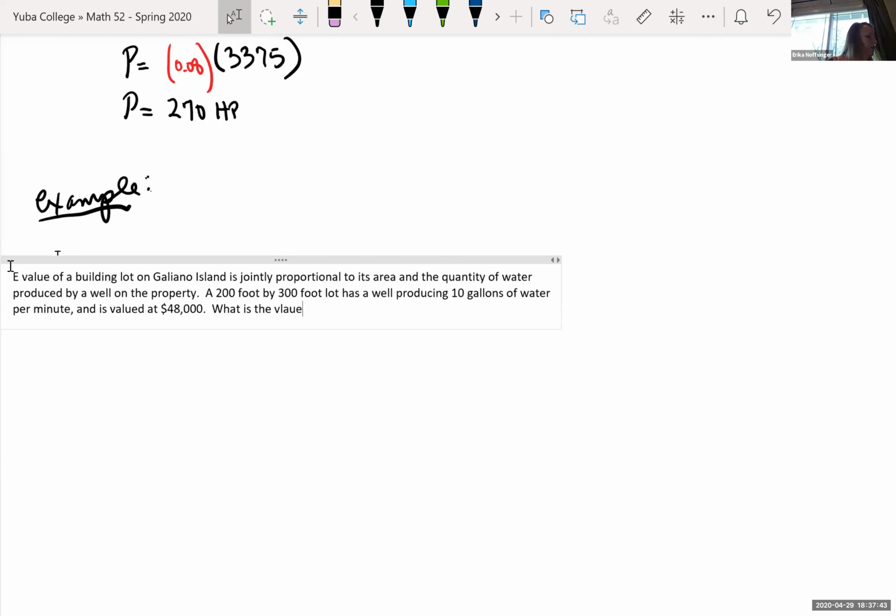What is the value of a 400-foot by 400-foot lot if the well on the lot produces 4 gallons of water per minute?